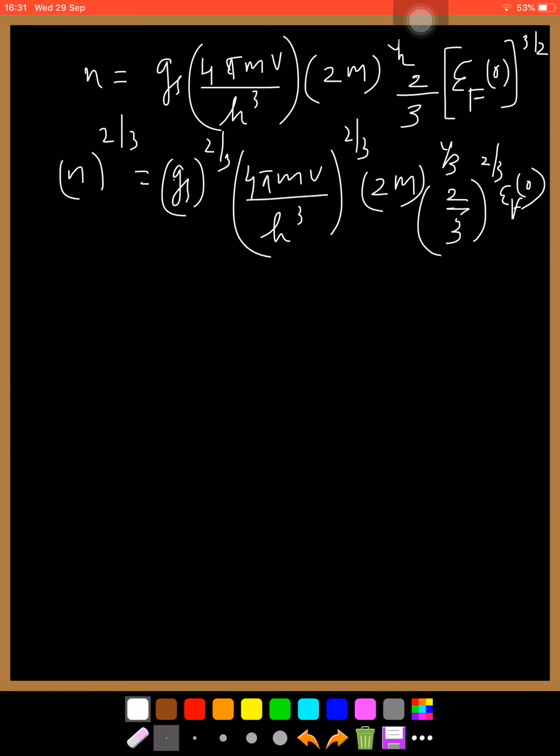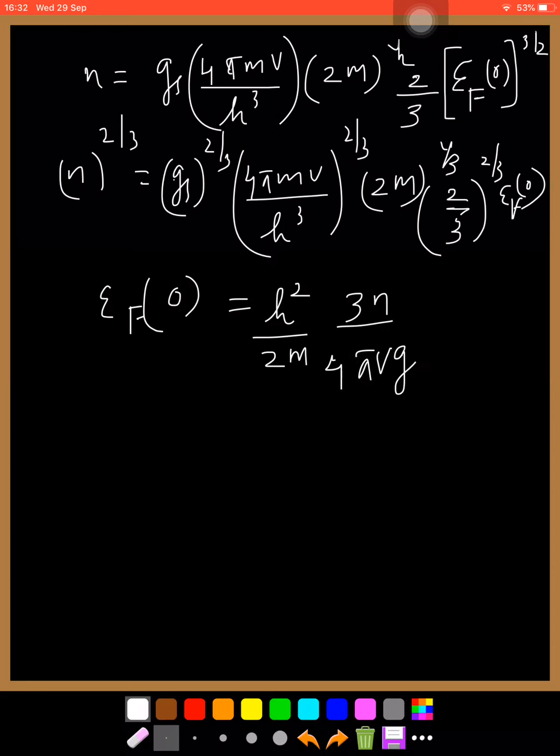Then find EF0. EF0 is h square by 2m, 3N by 4π V gs raised to 2/3, and this is equal to mu F.